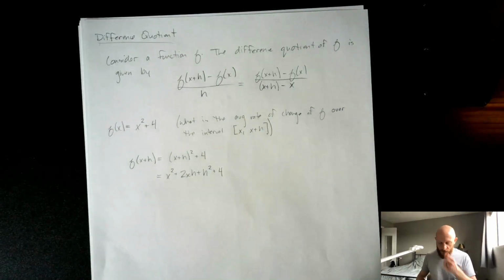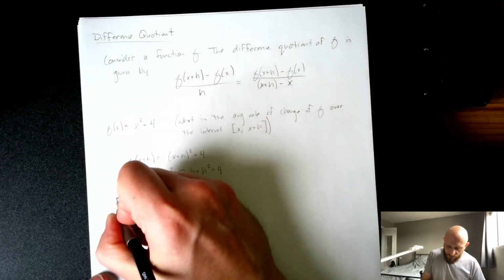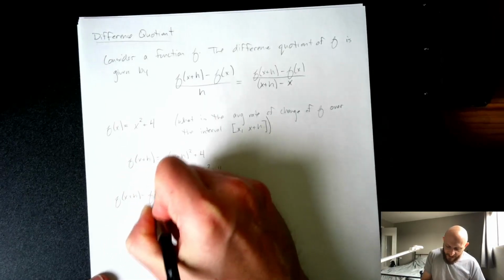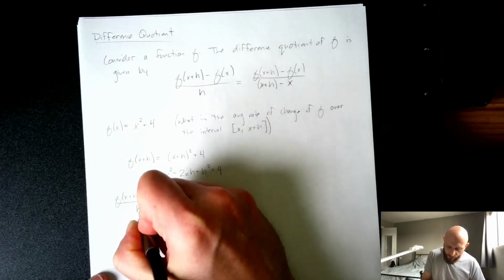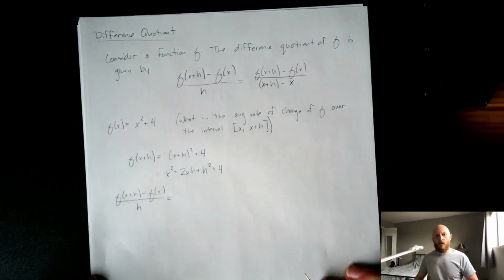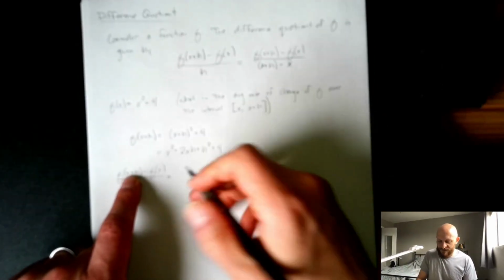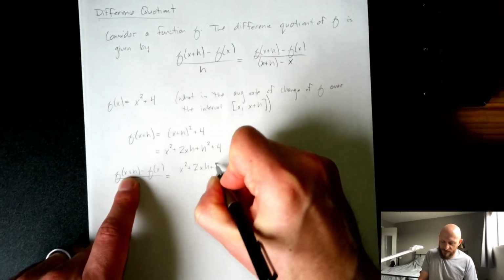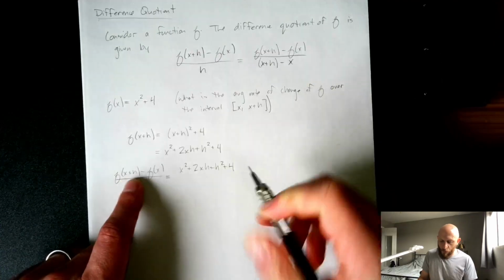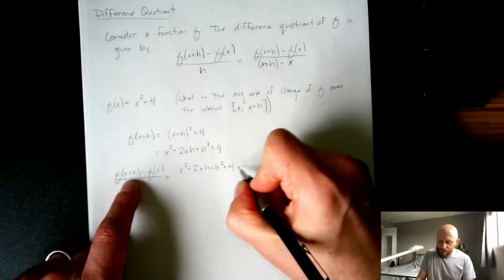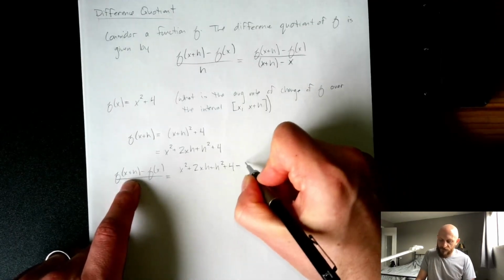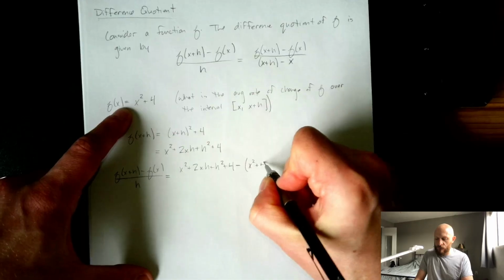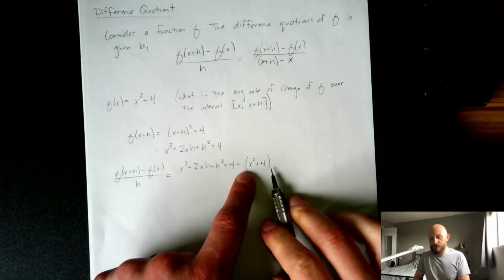So now what we want to do is write out all of it, f of x plus h minus f of x all over h. Well, that's equal to f of x plus h, which we just found is x squared plus 2xh plus h squared plus 4. That whole thing is f of x plus h. And from that, we want to subtract f of x, which is x squared plus 4. Make sure to add in these parentheses.